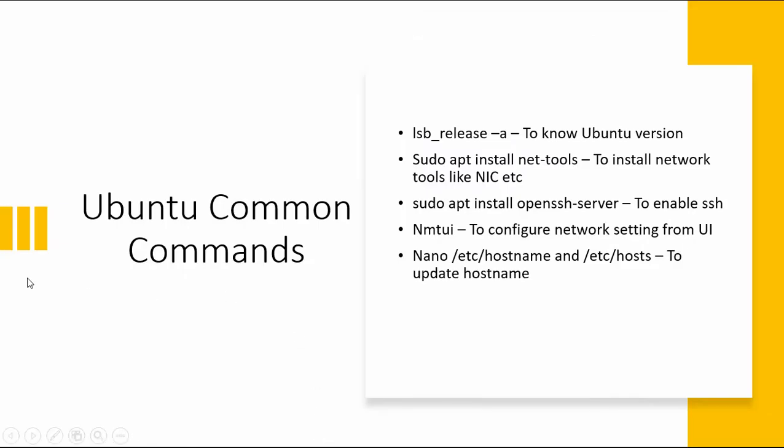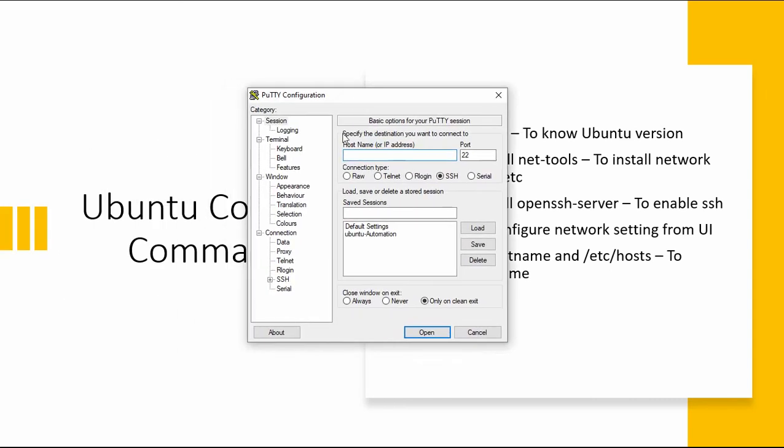I also noted some commands which help us configure an SSH server. This is required when we have this virtual machine which we configured here. We don't want to log into this virtual machine every time we power it on; we want to take a console from PuTTY itself.